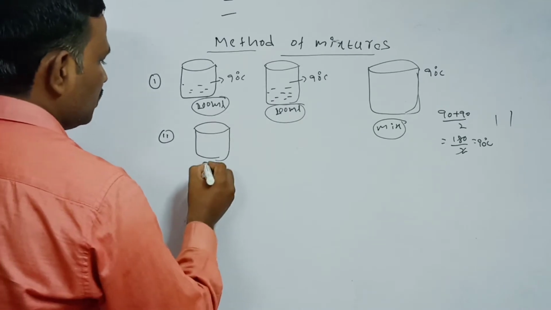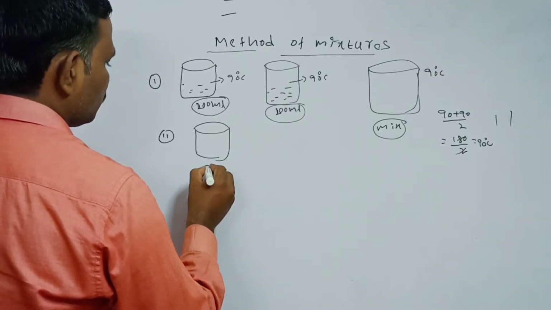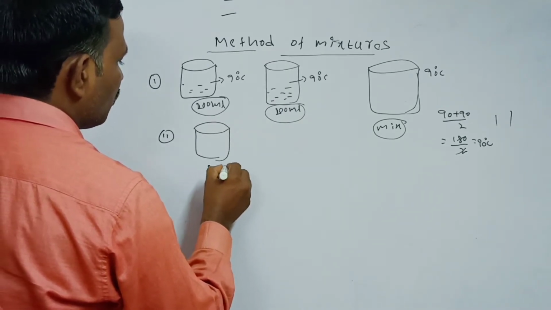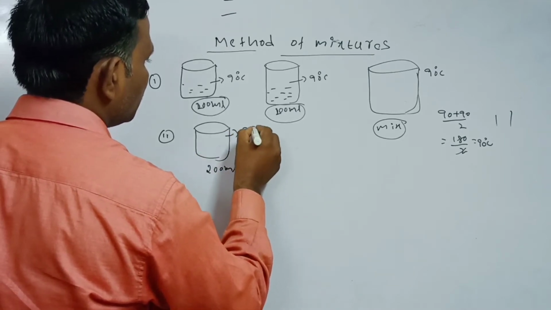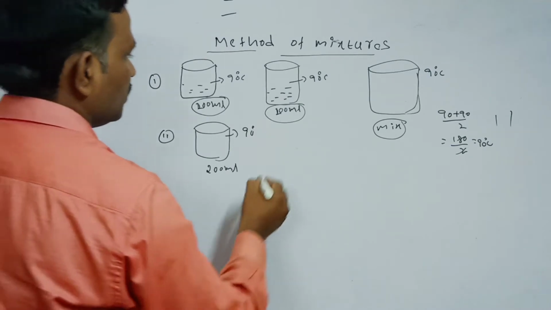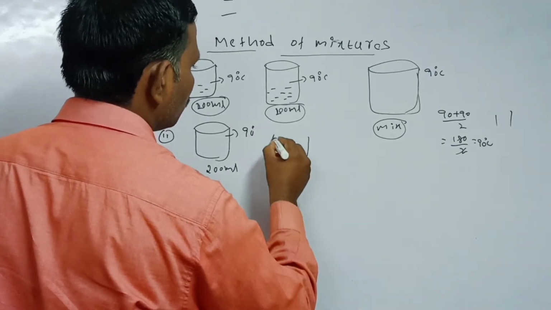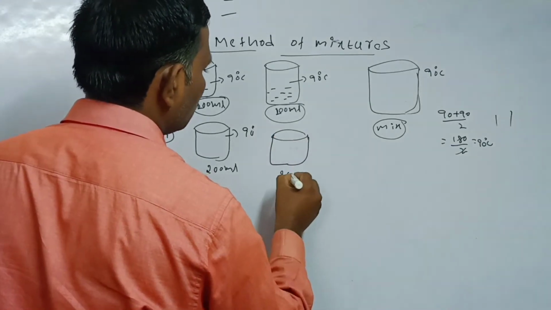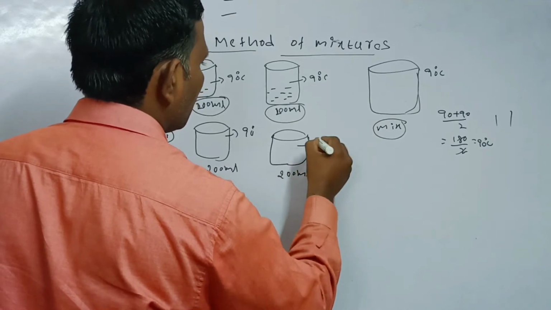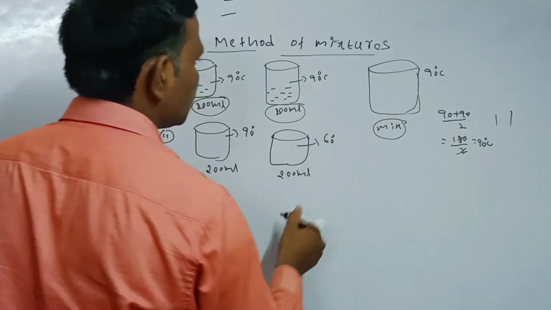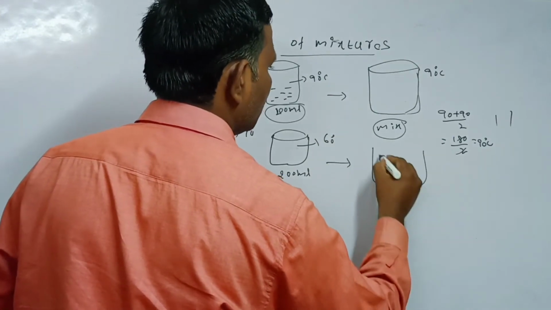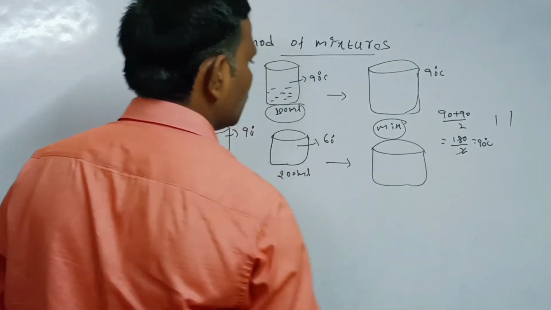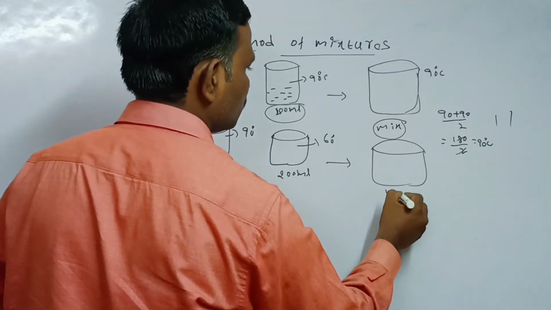For example, here take 200 ml of water, and here the temperature is 90 degrees Celsius. And in the second case also take 200 ml of water, and the temperature is 60 degrees Celsius. Mix these in another beaker, then you will get a mixture.